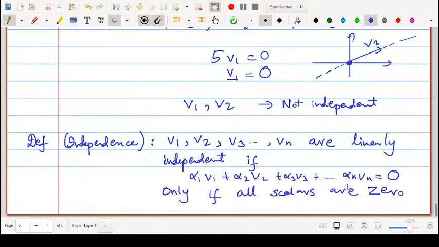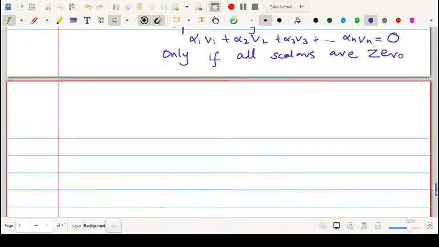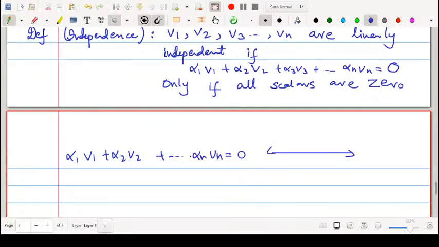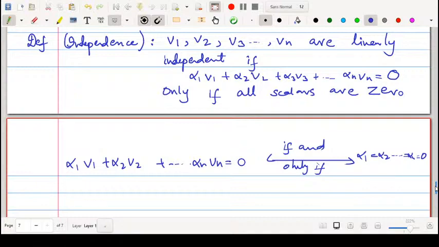Another way that you will find this in the Stephen Leon book or maybe in Gilbert Strang's book is to say that alpha 1 v1 plus alpha 2 v2 plus dot dot dot alpha n vn equals 0 should happen if and only if alpha 1, alpha 2, all of them are 0. Why is that the case?